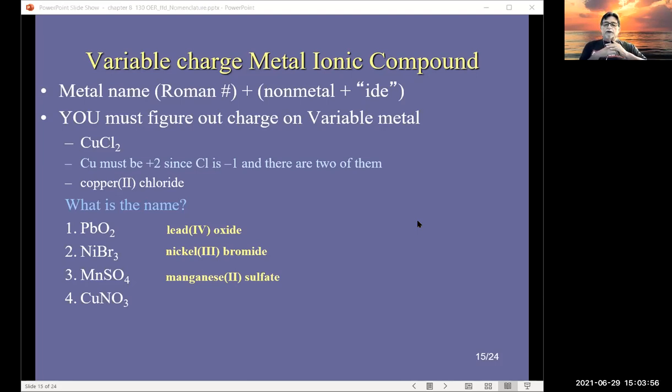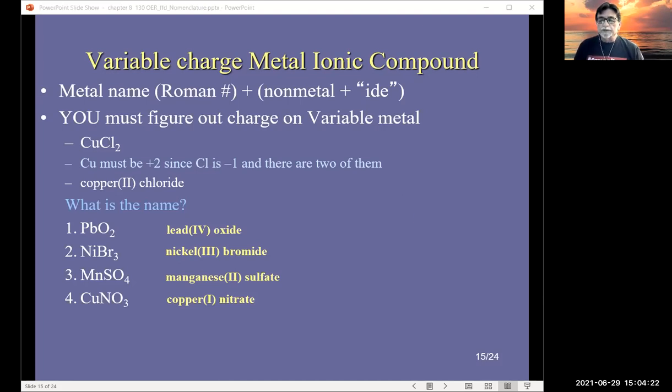All right, we have Cu, which is copper, and then we have NO3, which is nitrate. Nitrate, if you look at the polyatomic table, has a -1 charge. That means that this copper must be a +1 charge, so it has Roman numeral 1.